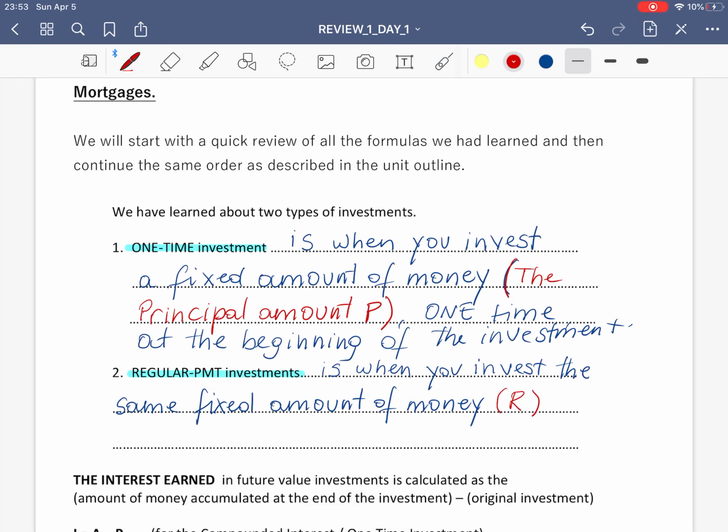That amount of money, if you remember, is indicated by letter R, which stands for regular payments, every fixed period of time. Obviously it's a payment that is made regularly.